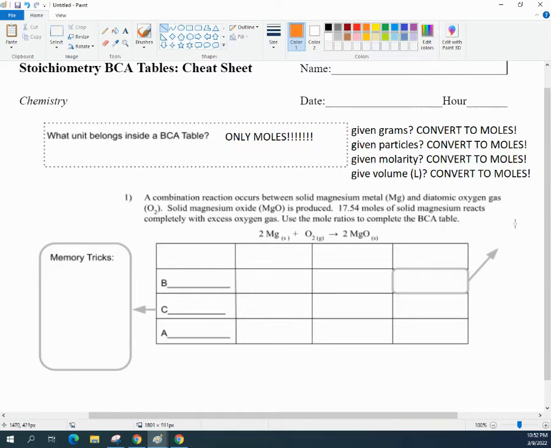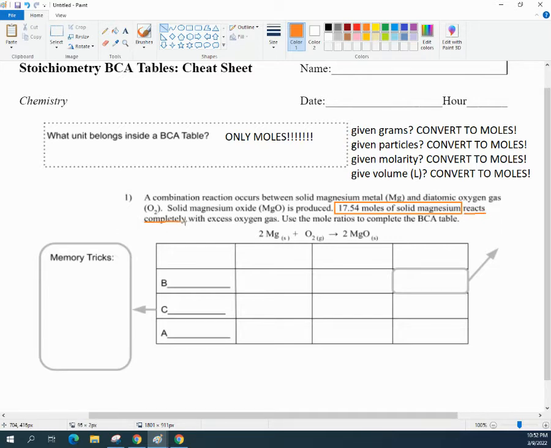Okay, so some key words here. First off, we have a number. Numbers are important, right? This number is talking about solid magnesium. Another thing about solid magnesium is that it reacts completely.